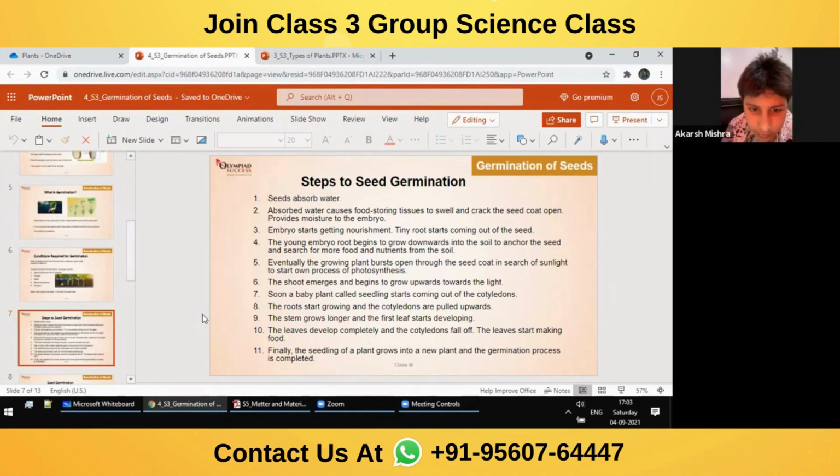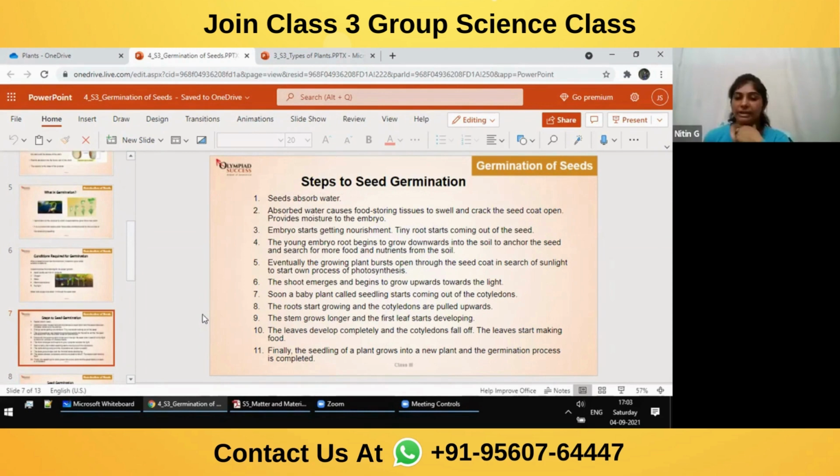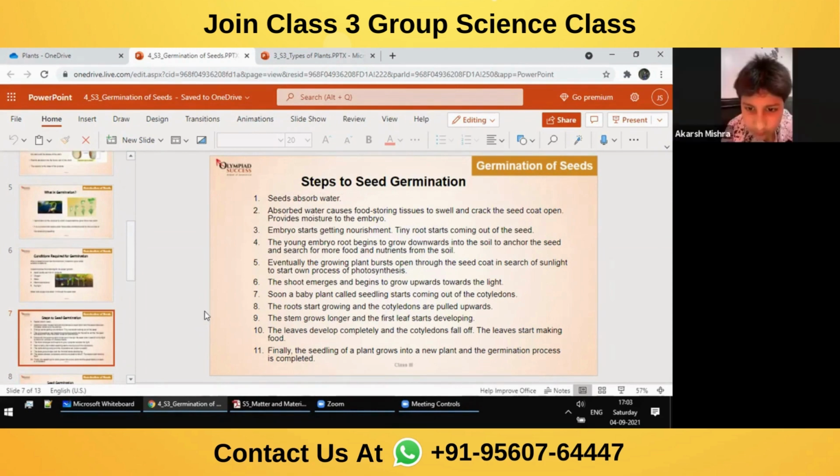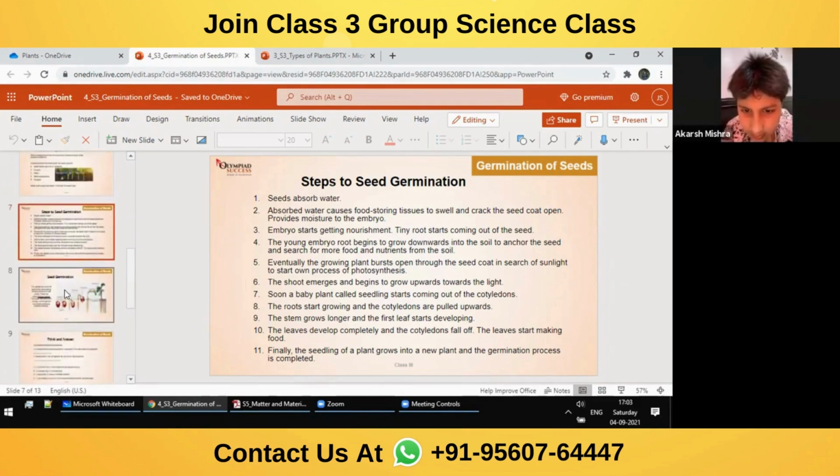The leaves develop completely and the cotyledons fall off. The leaves start making food. Finally, the seedling of a plant grows into a new plant and the germination process is completed. Clear?